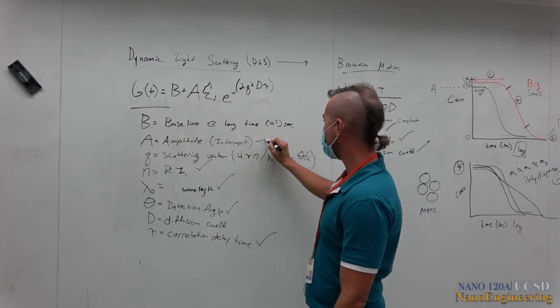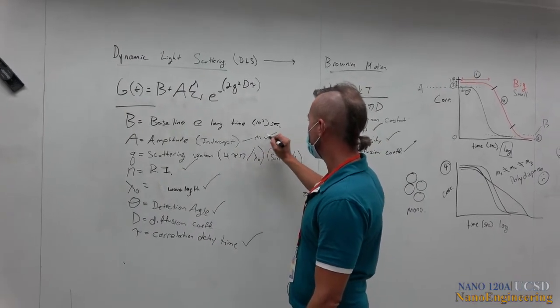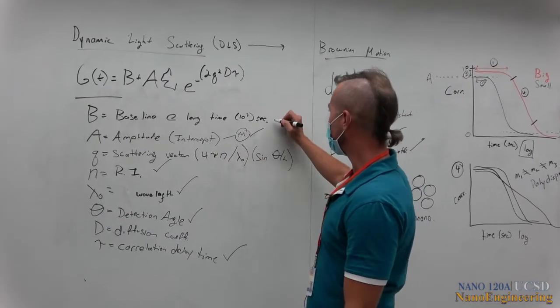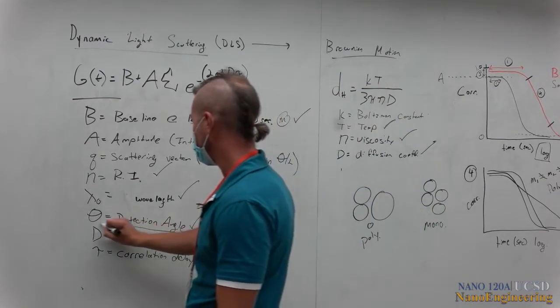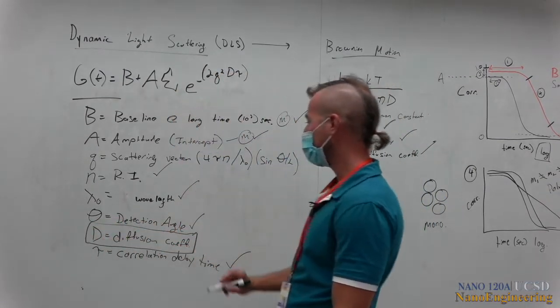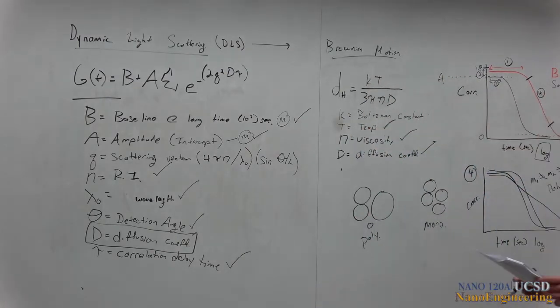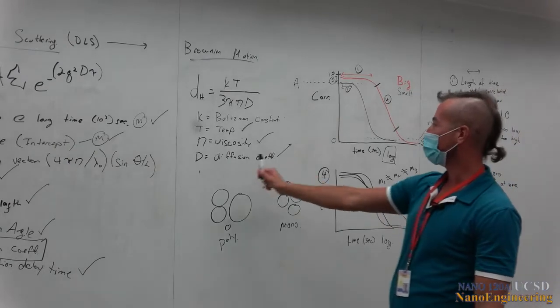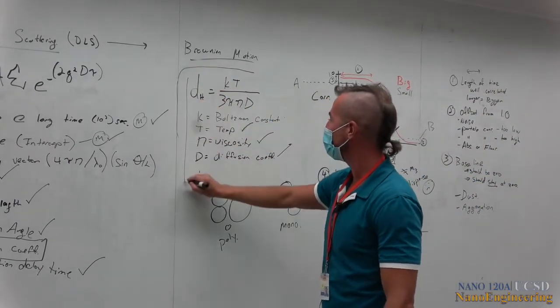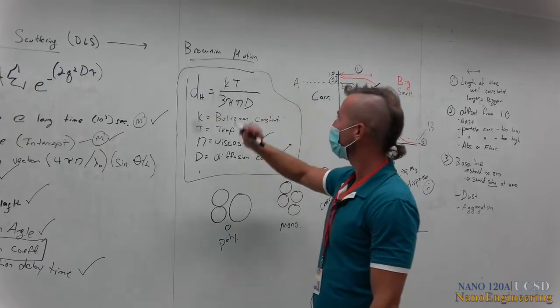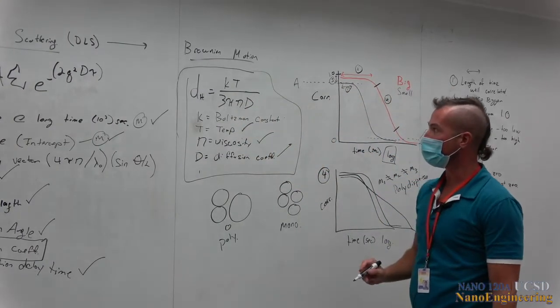I can measure this, and I can measure this. So therefore, I can calculate my diffusion coefficient. Aha! Diffusion coefficient was the last thing we needed here in our Stokes-Einstein equation.